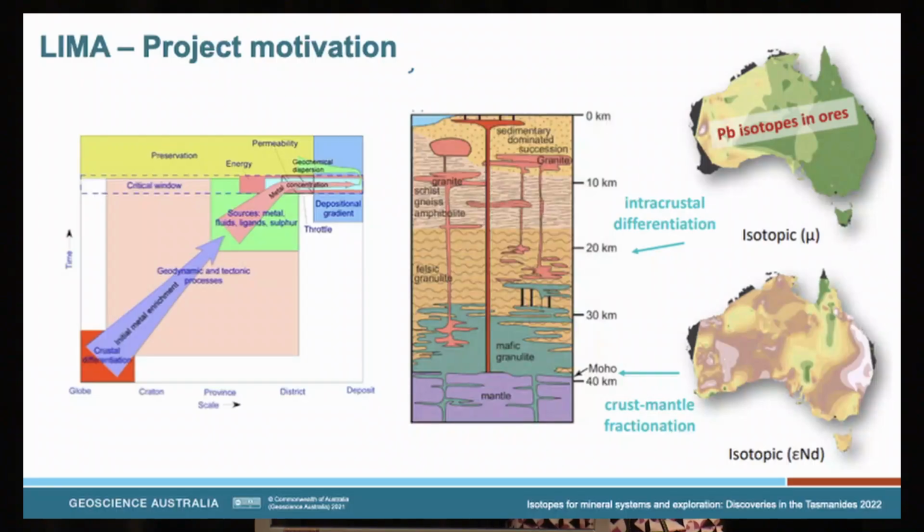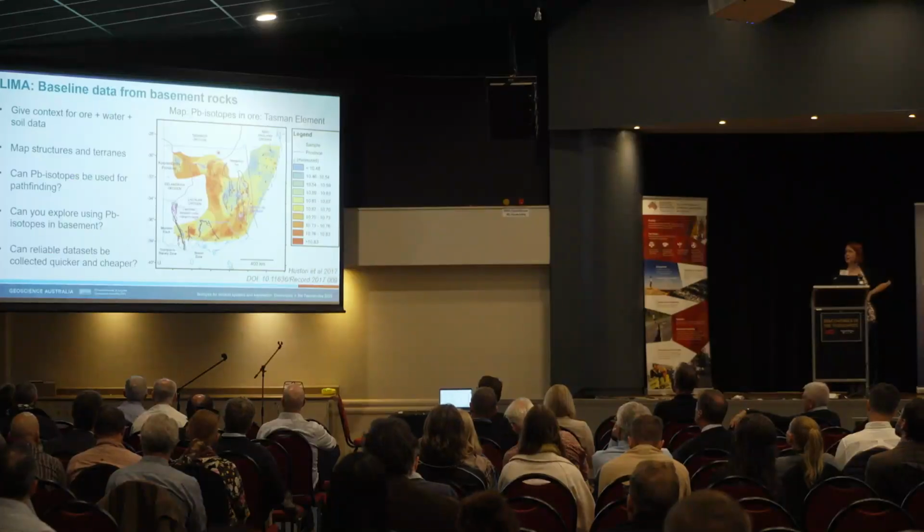I'm going to have to skip through this, but the basic idea is that neodymium and hafnium talk about deep processes across mantle, whereas lead isotopes are more focused on fluid in the higher crust, we believe. So it's talking more about fluid flow, in particular fluids that can form mineralization.